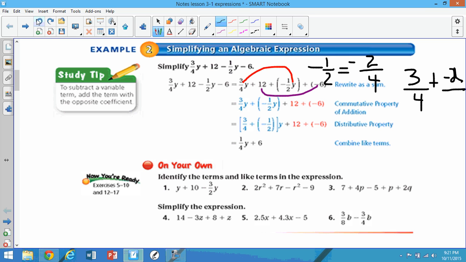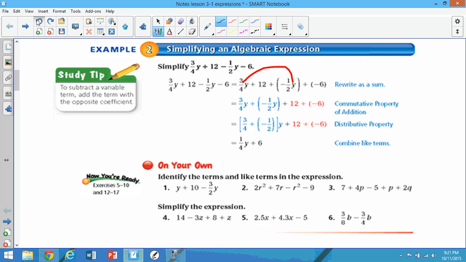So when I combine my like terms, I'm going to combine that 3/4 y and that 1/2 y, which is really 2/4, because we put it in a common denominator. So 3/4 and a negative 2/4 is a positive right here, 1/4 y.